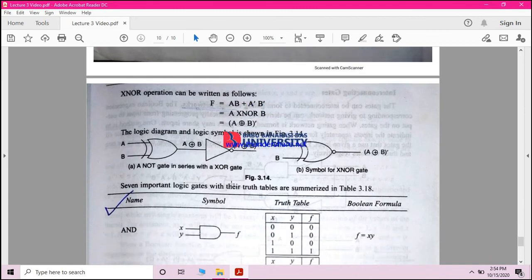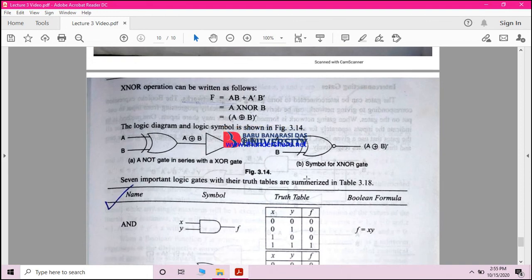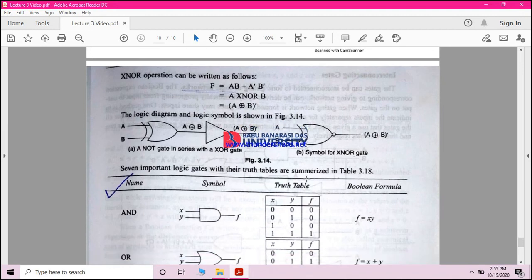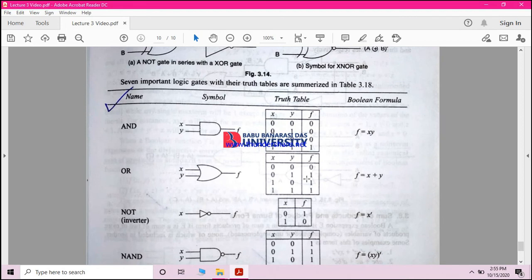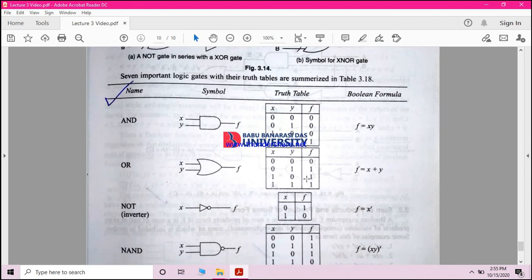So how does it work? This is the logical diagram. This is your XOR, and this is the negation sign, and this will become this. Now let's quickly revise the entire lecture and see all the symbols. So first of all, you know what an AND gate is. This is the symbol of an AND gate, and this is the truth table.